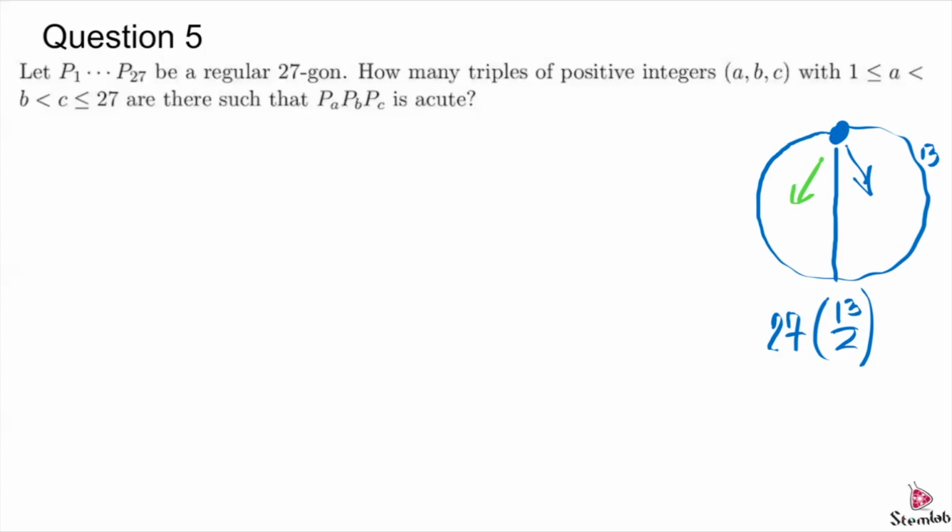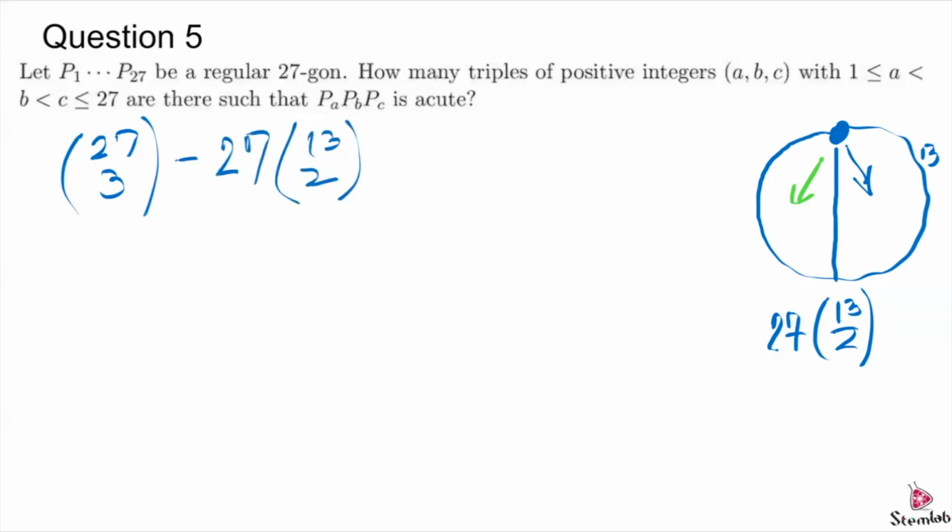So we remove the obtuse triangles from the total set. The total set of options will just be 27, choose 3, right? Choose any 3 points on that circle, minus 27 times 13, choose 2. And here we basically have 27 times 26 times 25 all over 6.